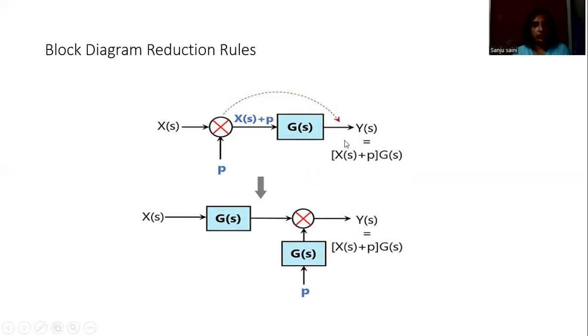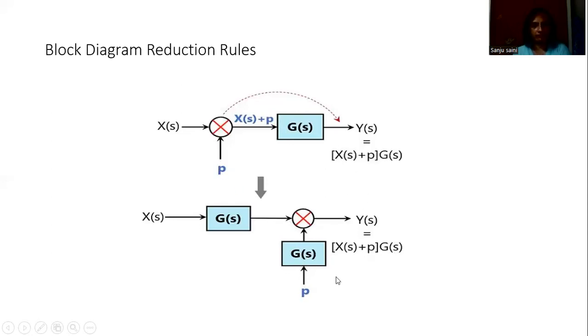So if we look at the output that we want to obtain from this particular block diagram, we will see that in case a summer is to be shifted after a block, then we have to add a transfer function G(s) in the path of the summer. So here we have to add a transfer function G(s).